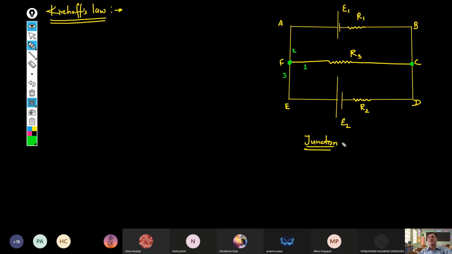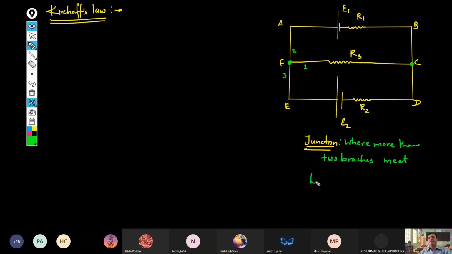So the point in the network where more than two branches meet, that is what a junction point is.